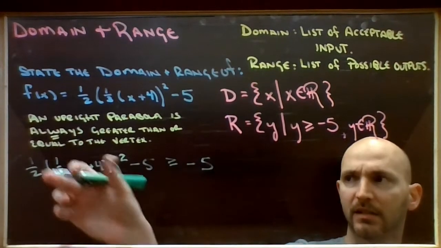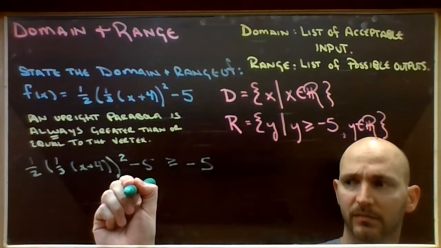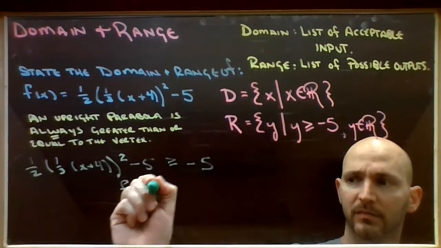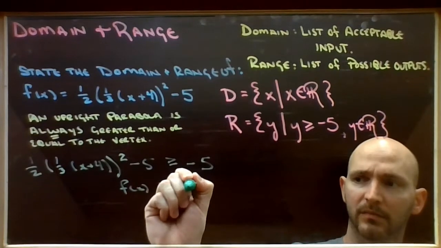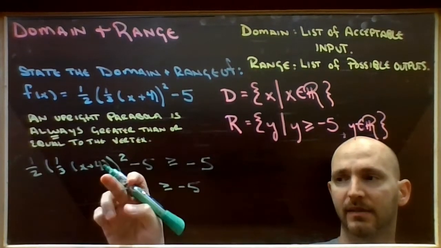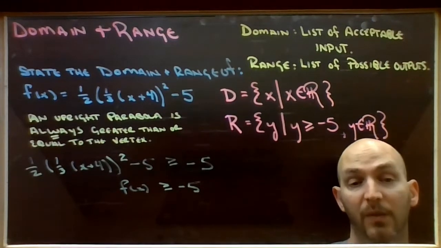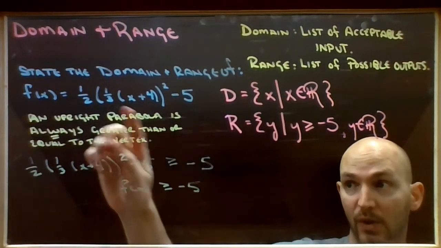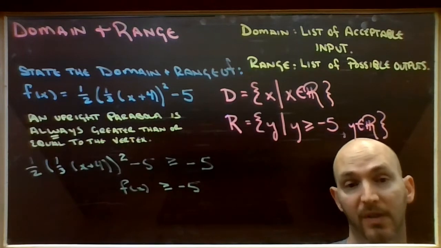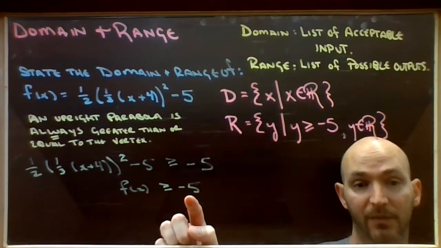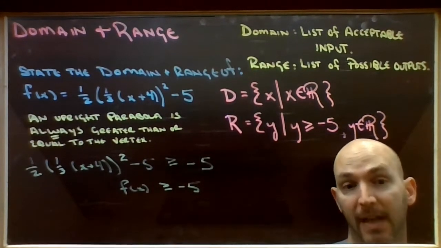Notice that this thing is the function. Well, that's the restriction that I just parked in there. So if you want to go directly to that, if you know this fact, that a parabola is always greater than or equal to its vertex, then just find where the vertex is, park it in, and you're done.